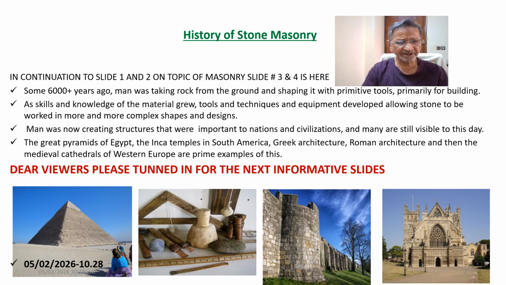So these buildings are very popular, and in ancient times the buildings constructed were Egyptian pyramids, Inca temples, Greek and Roman buildings, and medieval European cathedrals and churches. You can see the buildings in this slide also.